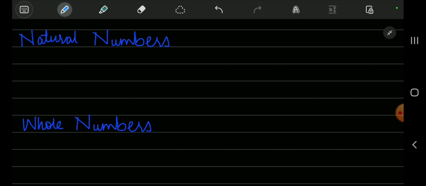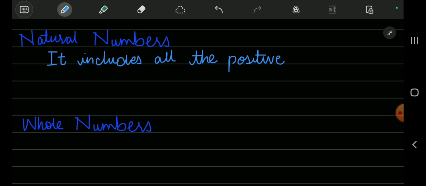Natural numbers include all the numbers, all the positive integers from 1 to infinity.